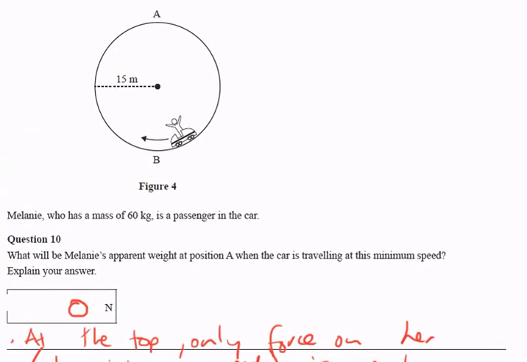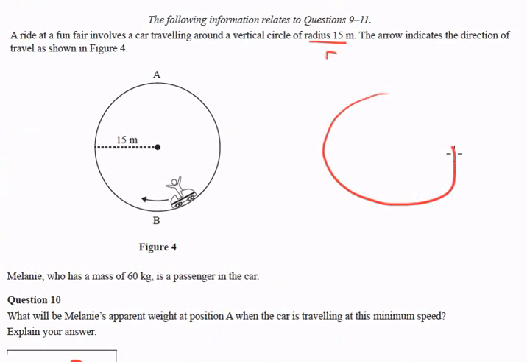So let's just go back over that again. When she's at the top, she's in this car here, her total force is towards the middle. This is centripetal acceleration. The minimum speed she can go so that the cart doesn't fall off is when the actual force is only gravity.